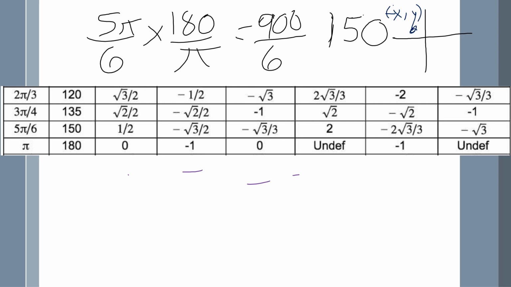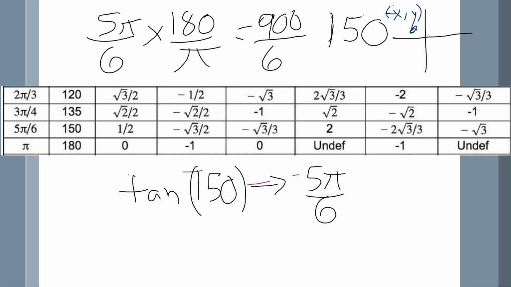All right. So what if I was to ask you for tangent of 150? You know for a fact, we know that 150, if I was to convert this to radians, is 5 pi over 6.